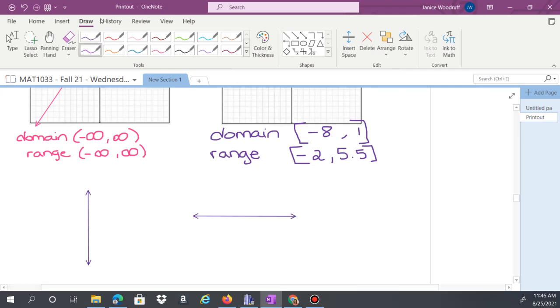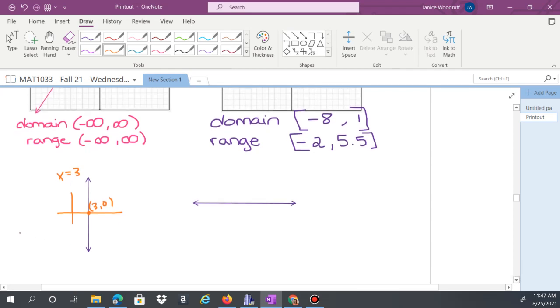Let's just say that this vertical line is x equals 3. So it goes through this point here, 3, 0. And I want the domain and the range for it.